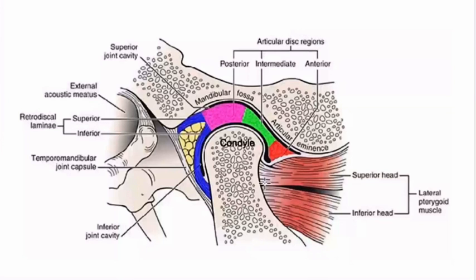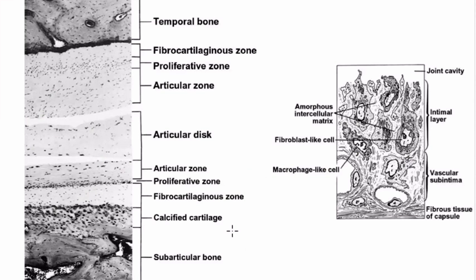We also have essential nutrition to the cartilage to facilitate the exchange of molecules. We have the capsule around all the joints, and it is composed of two layers, the fibrous layer and the synovial layer.